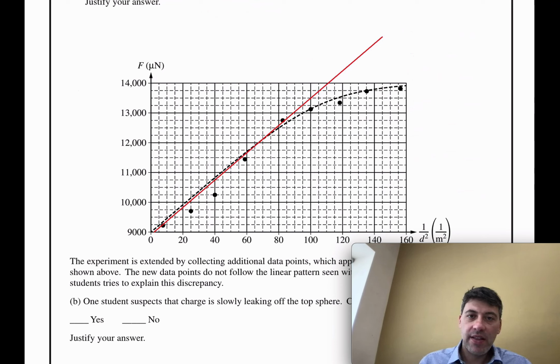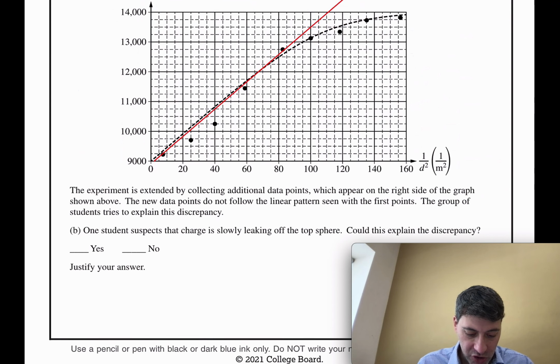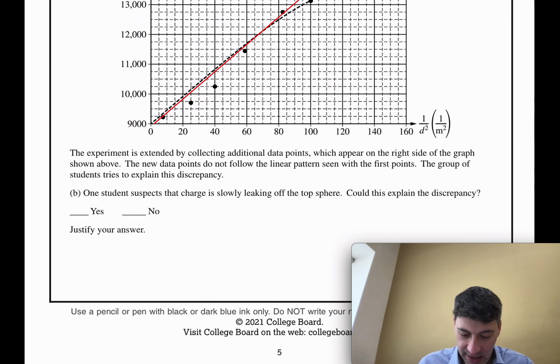Now, if the charge is leaking, so if there is less charge on one of the spheres, then yes, the value of the force decreases. And this is what we see is happening here. The expected value of the force is not happening. Instead, it is decreasing. So one student suspects that the charge is slowly leaking.